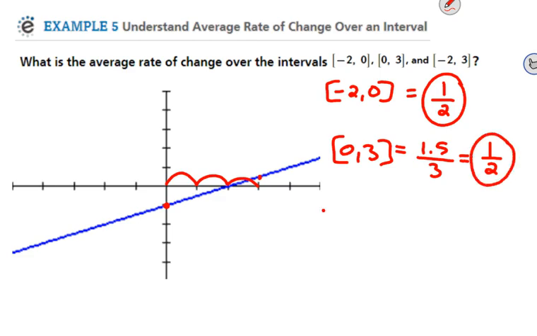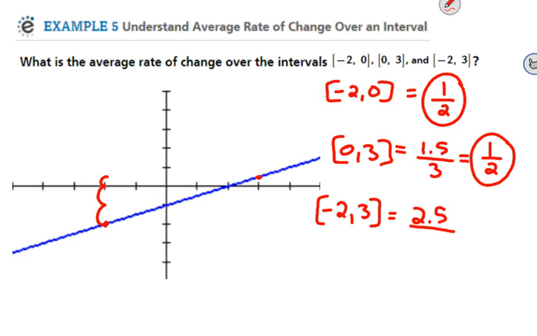The third interval, -2 to 3. So now we're going from here to here. Well, here's our rise, 1, 2.5.